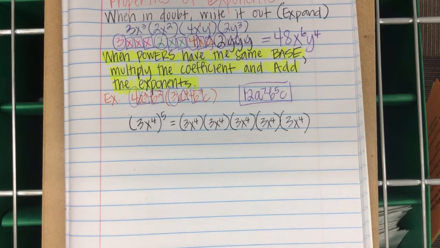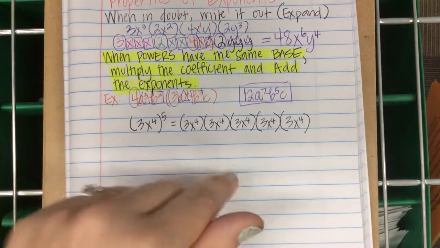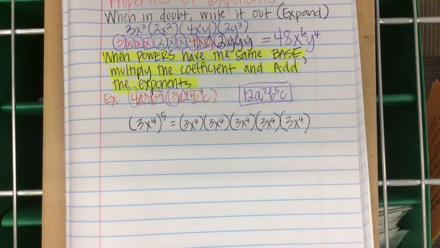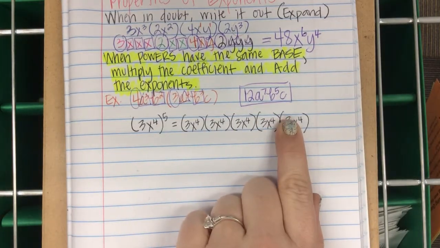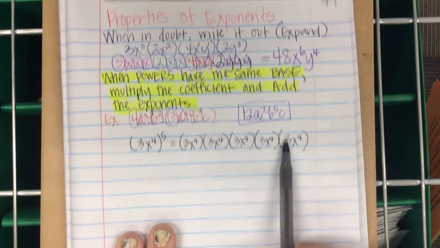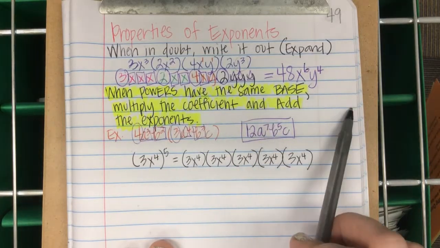You could even go a step further and rewrite this all out, right? 3 x x x x, 3 x x x x, 3 x x x x. You can do that. But I know a rule now. Now this problem has turned into powers that have the same base.